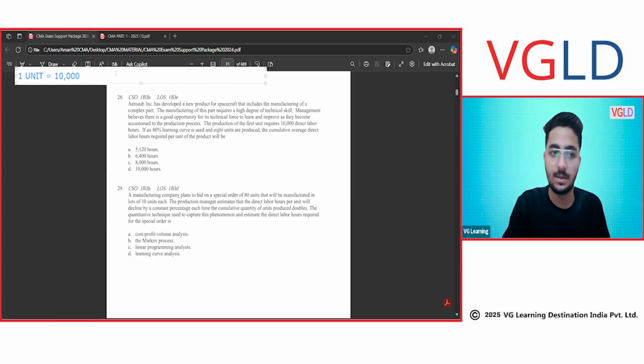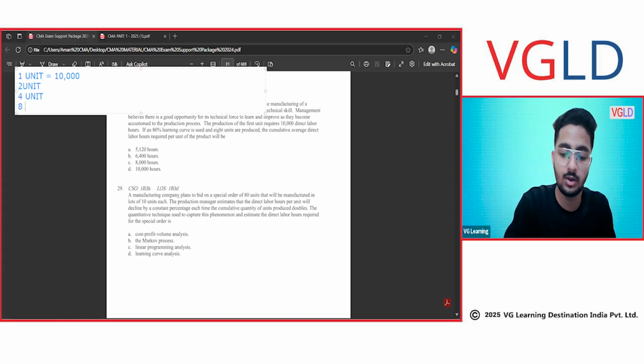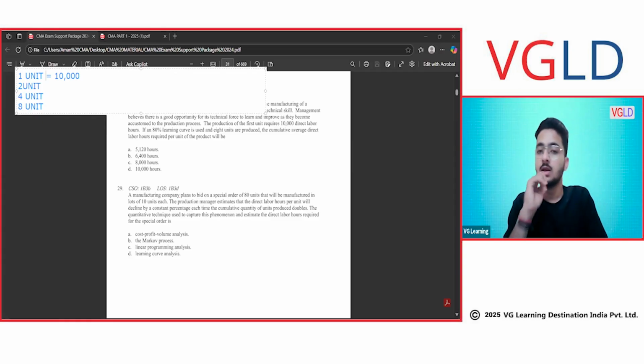They produce 8 units. That means 2 units, double it, 4 units, double it, 8 units. Cumulative average is most important; they are asking for the cumulative average direct labor hours required per unit for the product.